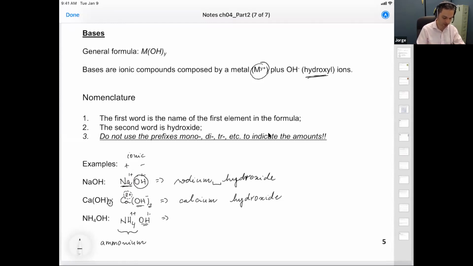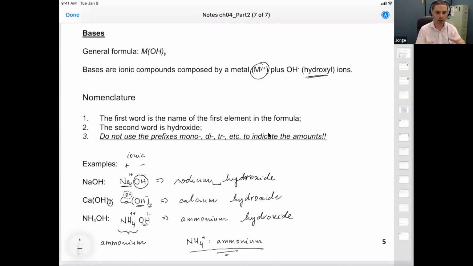The name of the base is going to be the name of the first ion here, which is ammonium, followed by the word hydroxide. I need you to remember that every time you see the cation NH4 plus, the name for that is ammonium. Do not forget about that.